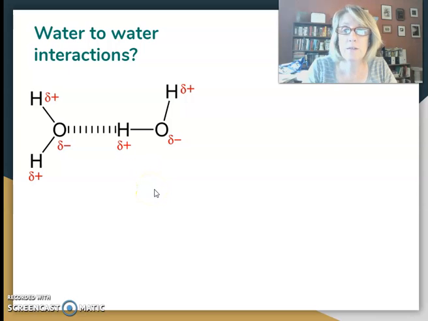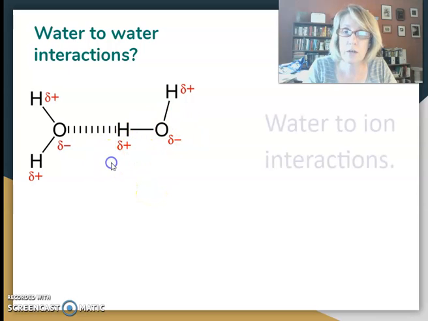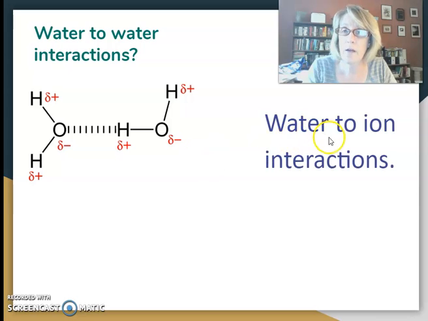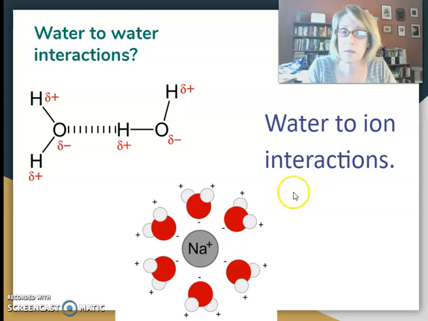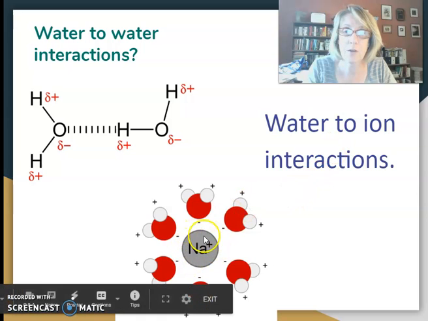Okay, and because of these partial charges, water can also interact with ions that have a full charge, and they're going to do so in a similar way. So let's say we have sodium cations in solution. The water pulled that sodium out of the crystal lattice and now is surrounding it because the partial negative charges of the oxygen align with the full positive charge of the sodium.